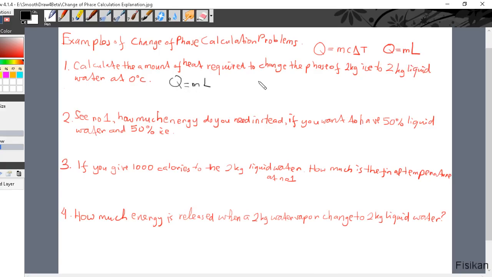And then we know that the latent heat of fusion of water from ice to liquid is 80 calories per gram. The latent heat unit is in calories per gram, so you need to change the kilogram into gram first, which is 2000 grams.